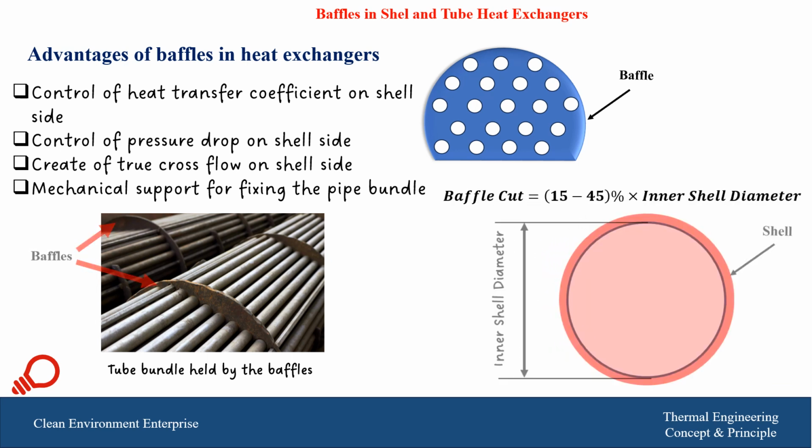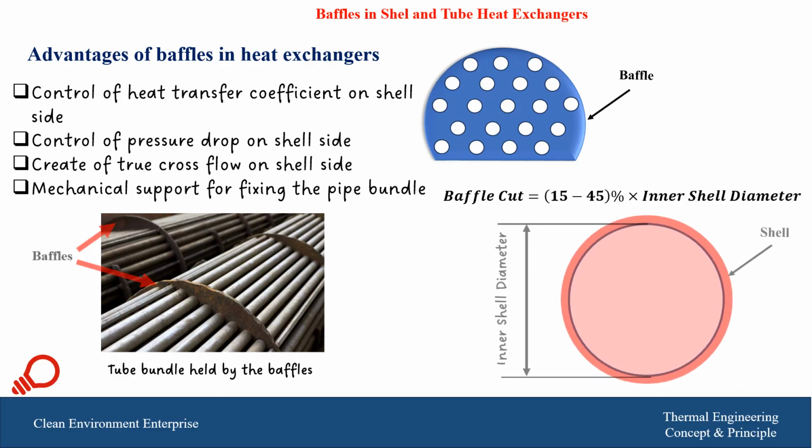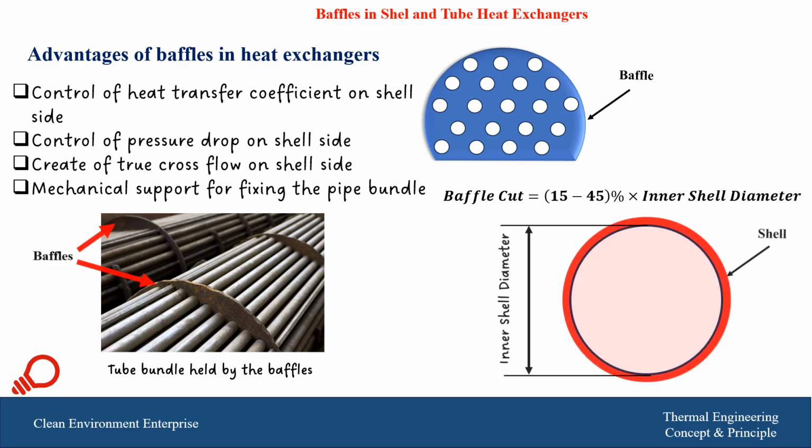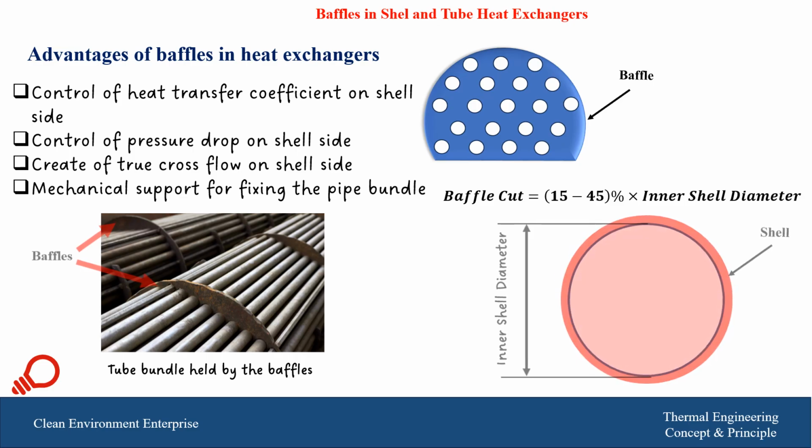And usually these baffles have a cut, and it is stated by the TEMA standard to range between 15 to 45% of the inner shell diameter. And then I will explain what the TEMA standard is in the next slide.